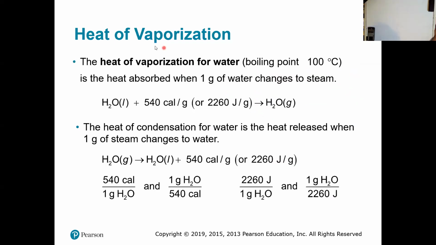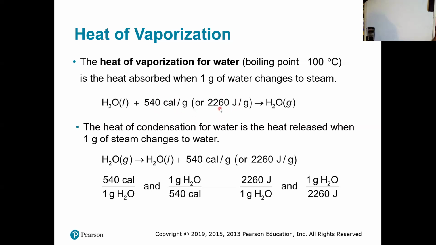For water, the heat of vaporization value is 540 calories for every gram of water that's vaporized, or 2,260 joules for every 1 gram of water that's vaporized. This works exactly the same way as heat of fusion. It's just that this is the number in terms of calories, and if we multiply it by 4.184, this is the number of joules.